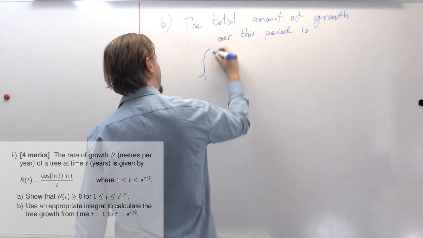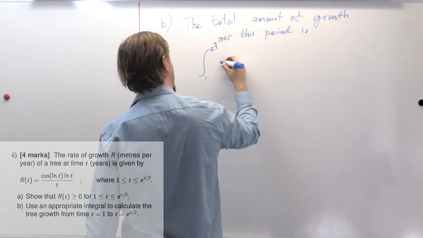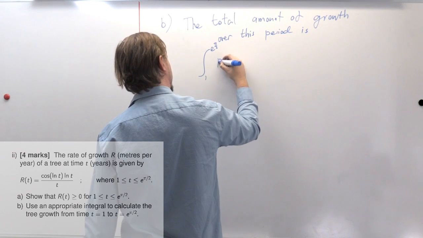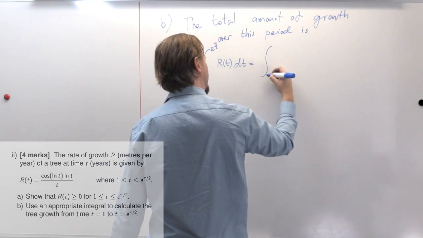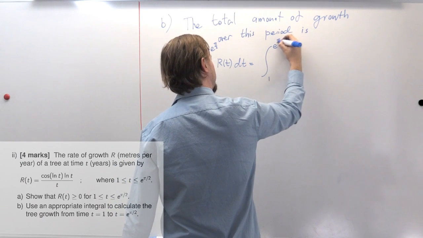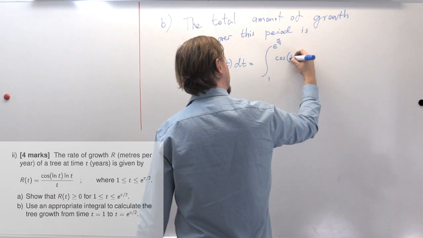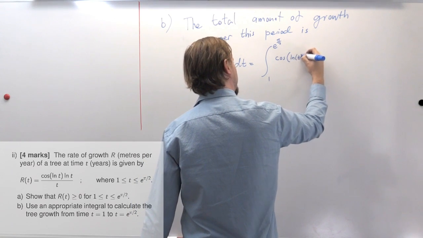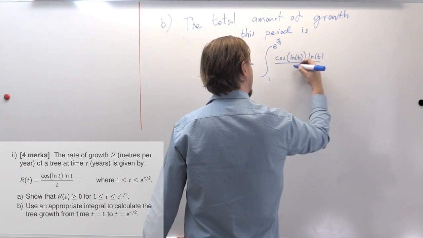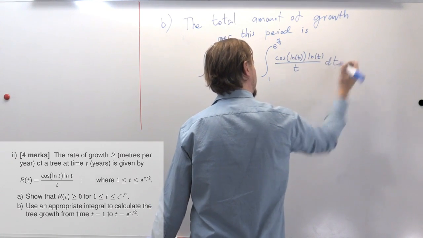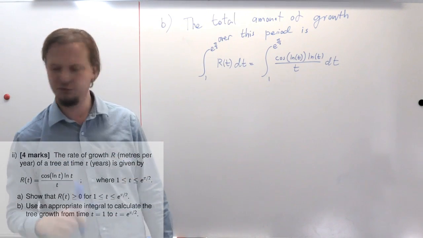So it's going to be the integral from 1 to e to the pi over 2 of r of t dt, which is the integral from 1 to e to the pi over 2 of the cosine of the log of t times the log of t over t dt. So that's a good start, knowing what integral we need to do.